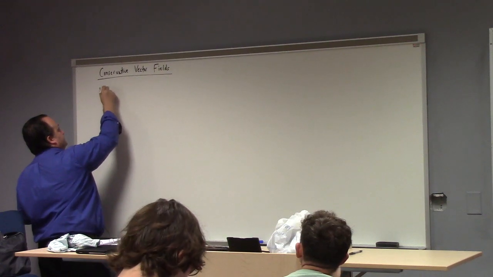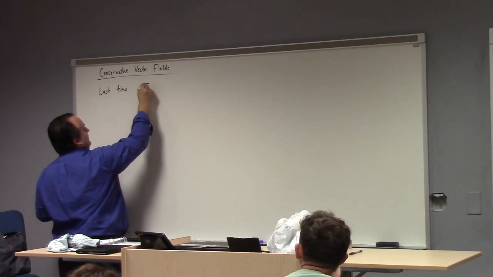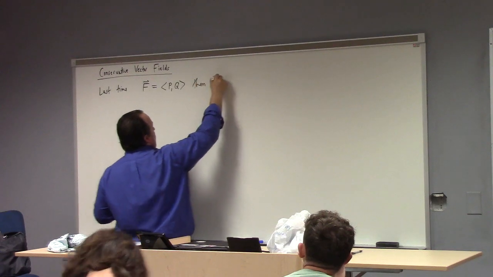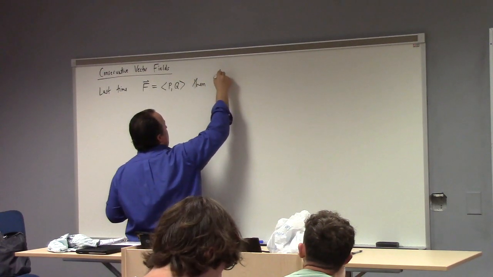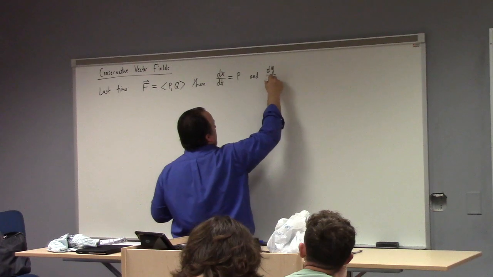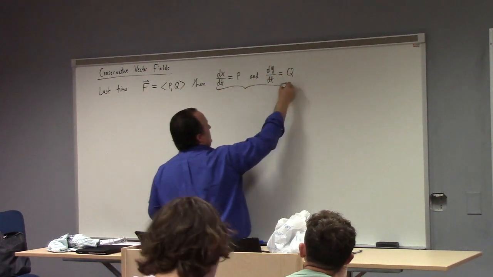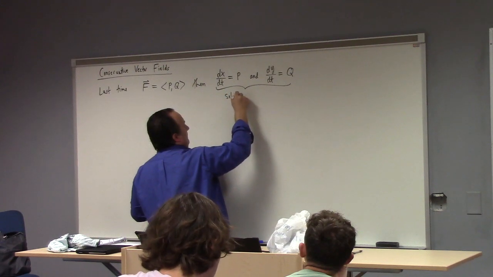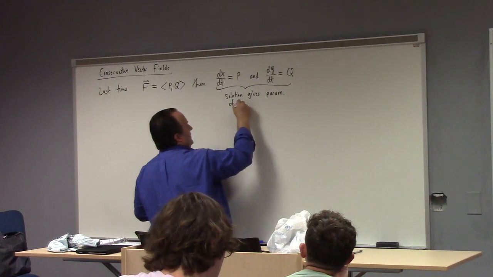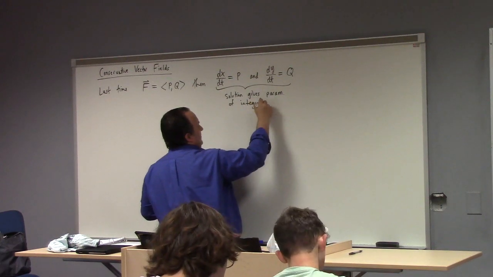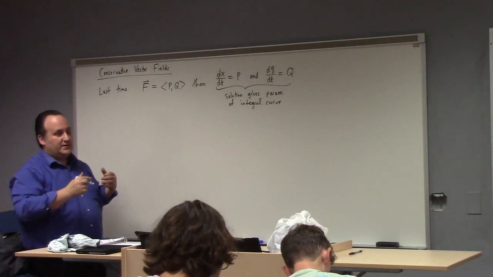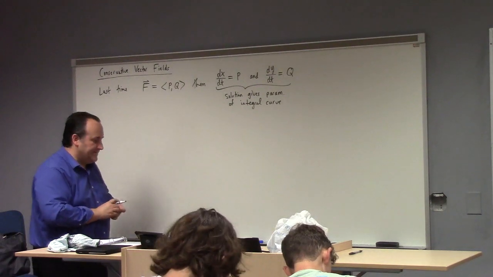Last time, just for reference, if we had F equal to (P, Q), then if we solve dx/dt equals P and dy/dt equals Q, the solution gives a parameterization of the integral curve of F, the vector field, the curve that's tangential to F, right?